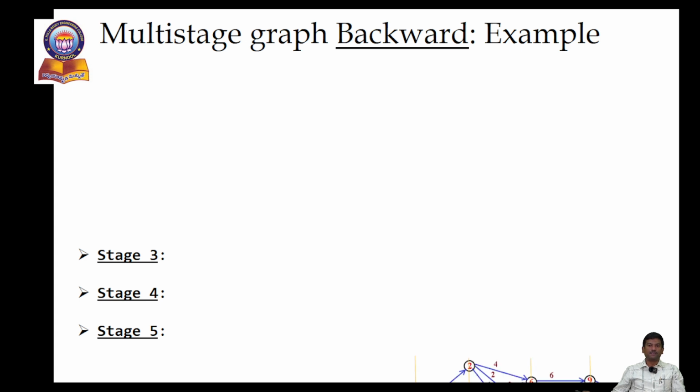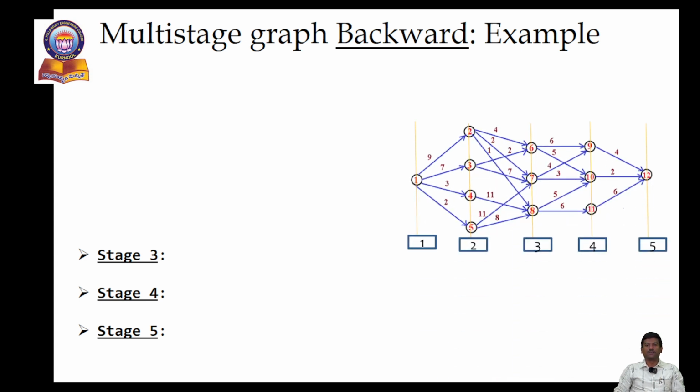And within the given graph, take for example here the graph has been given, where n equals 12, indicating 12 vertices are present within the given graph. Here you can also observe certain stages: this is your stage 1, stage 2, stage 3, stage 4, and similarly stage 5. These are the stages, with your source vertex equal to 1 and the destination vertex equal to 12, or n equal to 12.